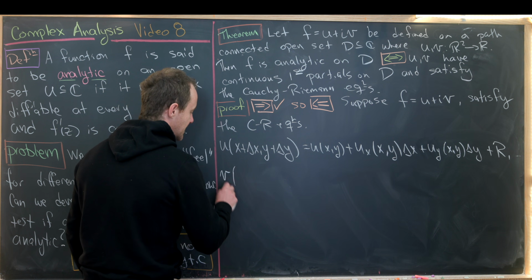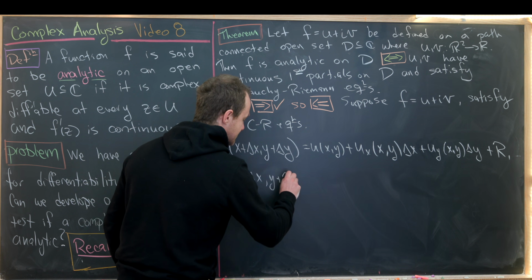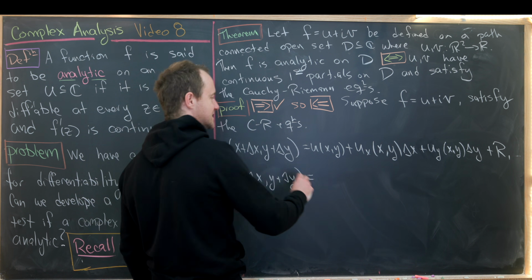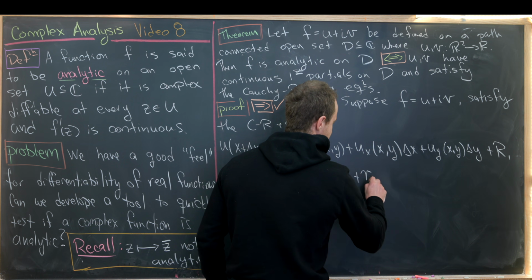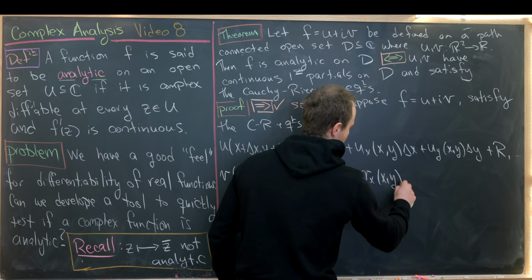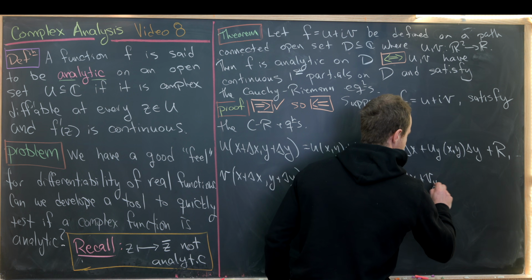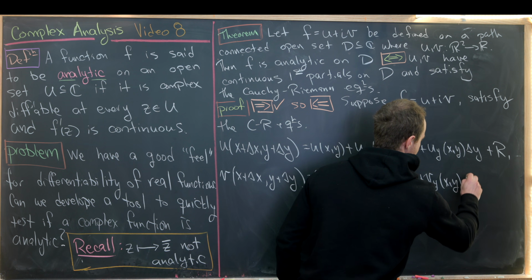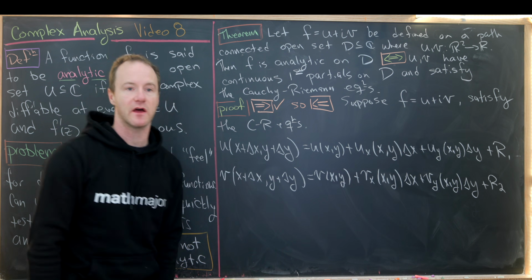So v of x plus delta x comma y plus delta y can be rewritten similarly. We have v of xy, plus the partial of v with respect to x at xy times delta x, and then the partial of v with respect to y at xy times delta y, plus r2, where again that's another remainder.